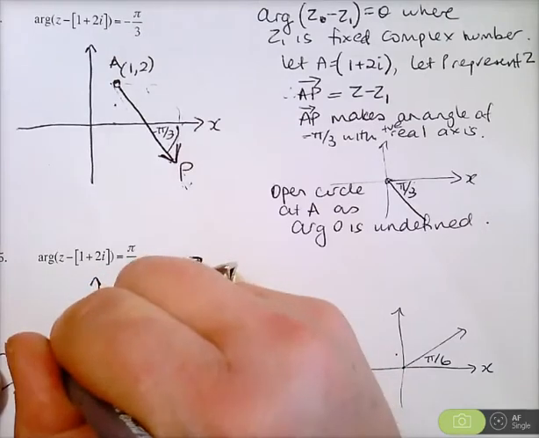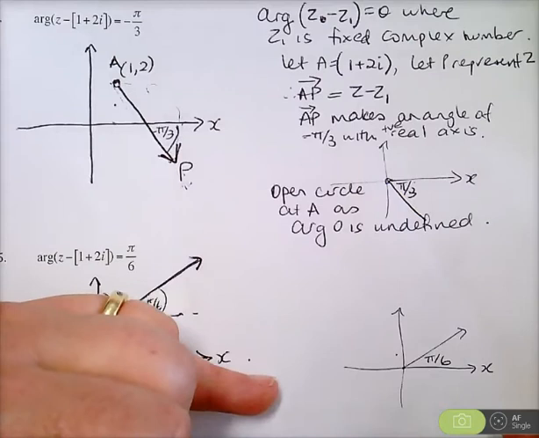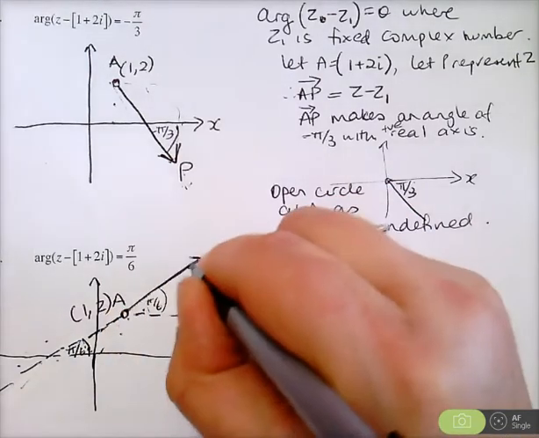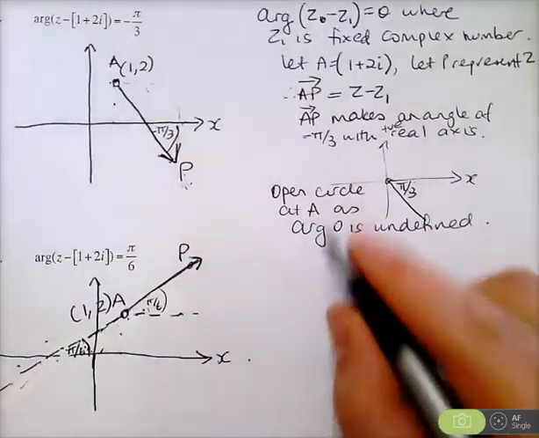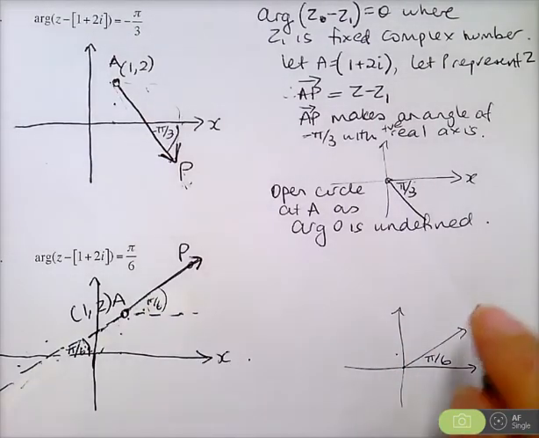No. It's got to be up or down from the positive real axis. So if that's A, this could be P. Again, there is a circle at A, so A is excluded.